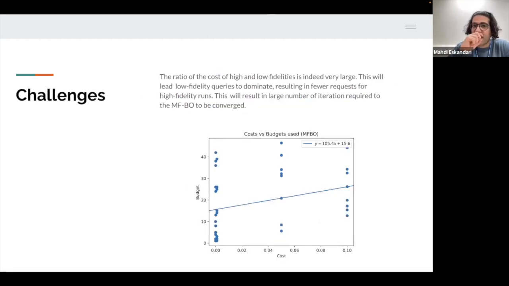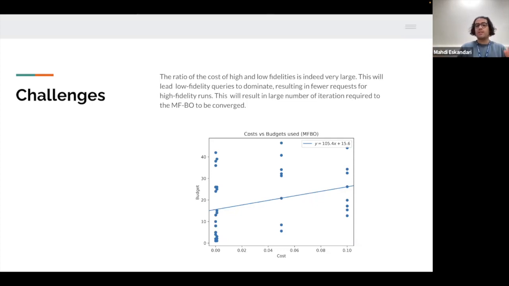We have a couple of challenges here. One of them is, as I mentioned, that the cost ratio of the high fidelity and low fidelity one is very large. So this will lead our model to use the low fidelity ones over and over and query those low fidelities instead of high fidelities.